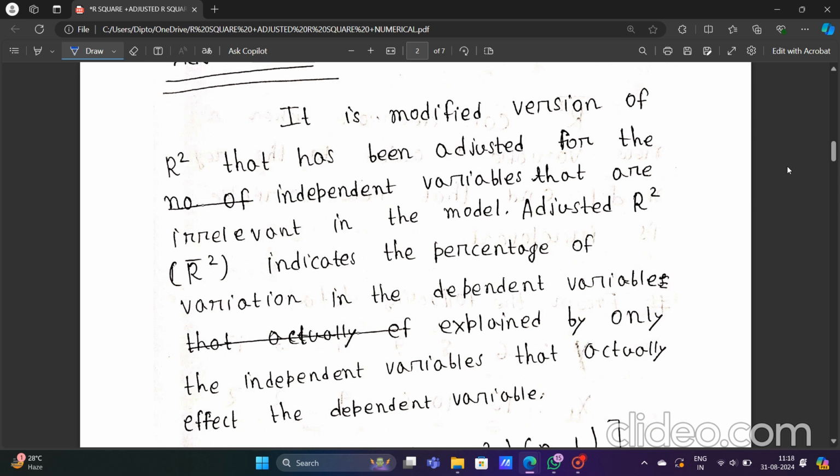In this case, if x3 is not relevant and is not explaining y properly, then the value will not increase. In the case of adjusted R square, by just adding an irrelevant variable, the value will not increase.